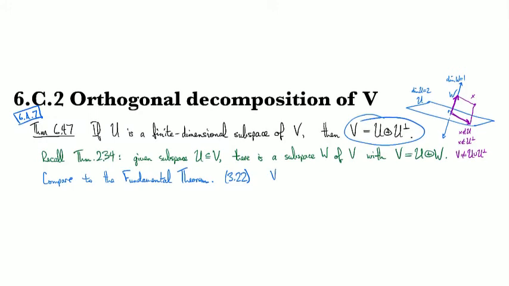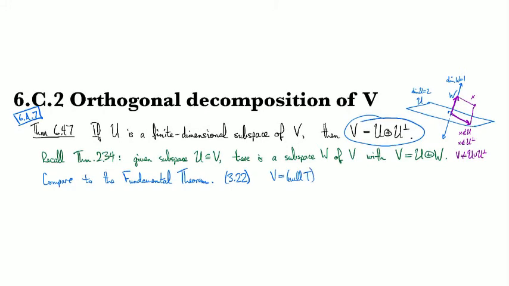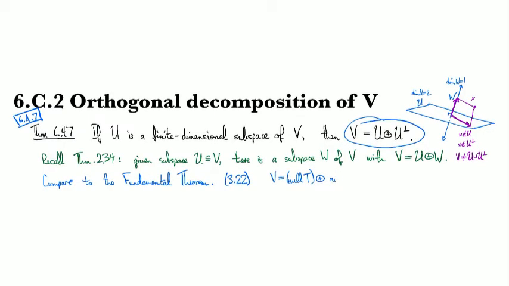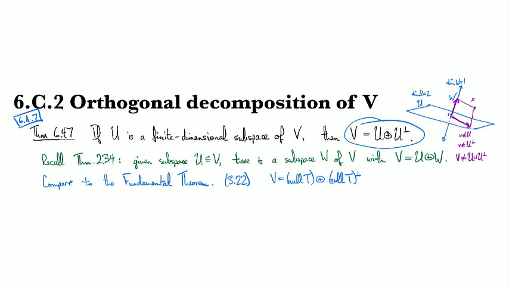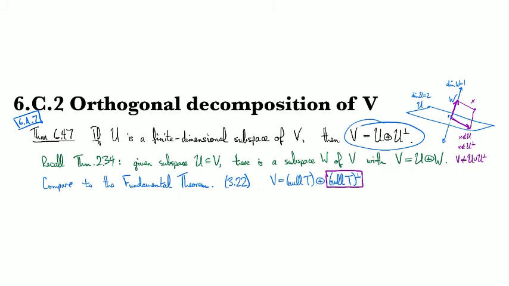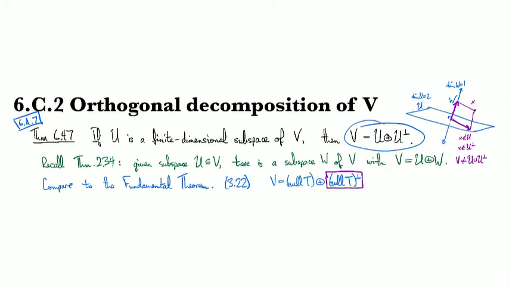So I told you things like V looks like the null space of the transform orthogonal direct sum some other thing. And now we're going to see, okay, yeah, that's the null space of T perp. But in forthcoming chapters, we will get a new name for this. We will see that there's another way to describe this, which is very important. So that's just a preview of coming attractions.